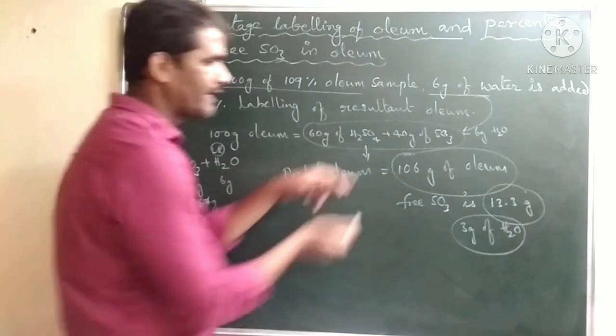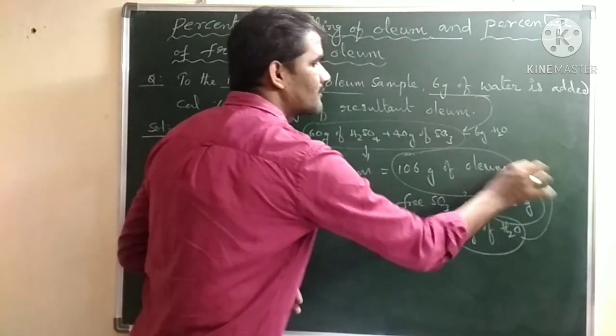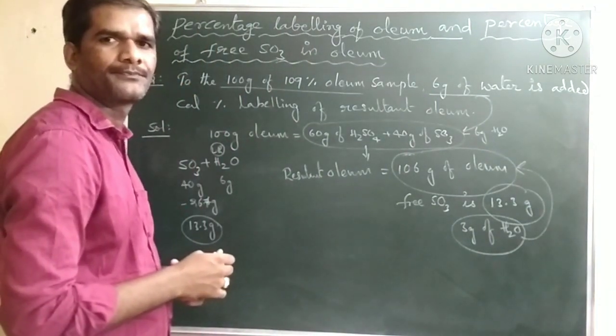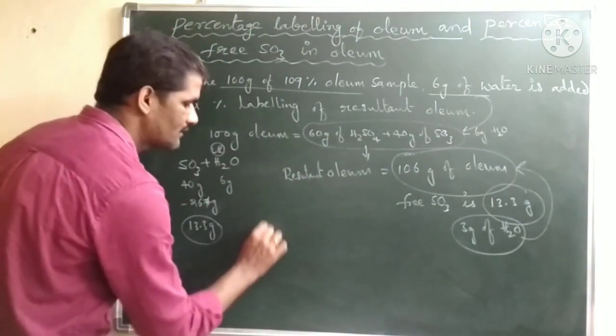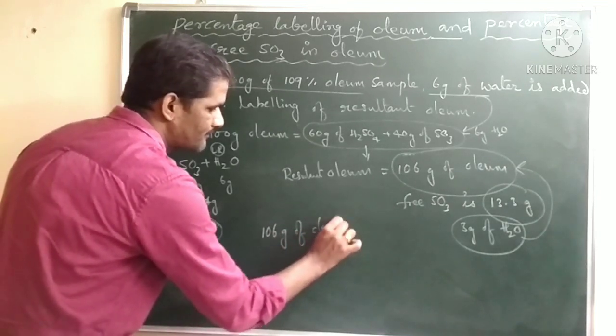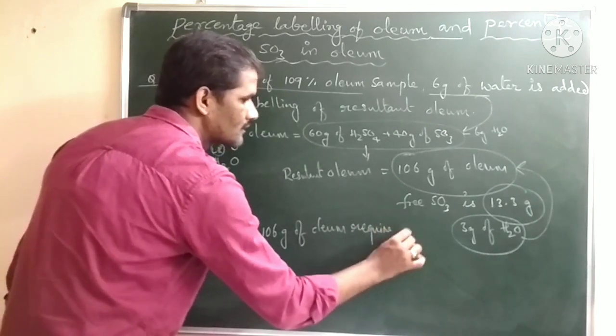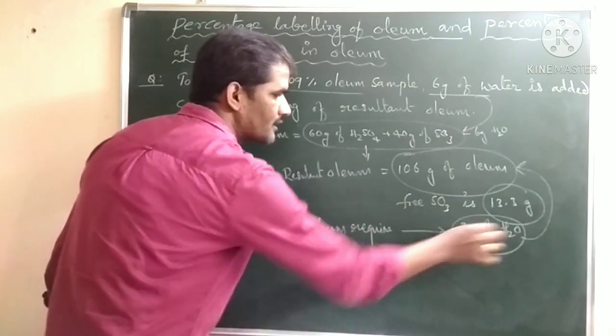Means this entire 106 grams of oleum now requires 3 grams of water. Now the labeling. So here 106 grams of oleum requires 3 grams of water.